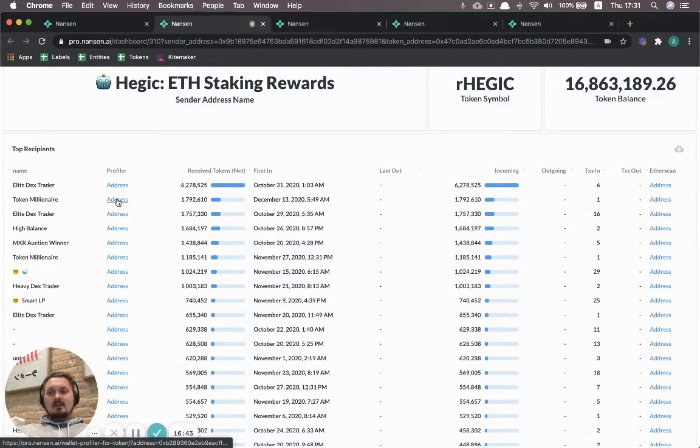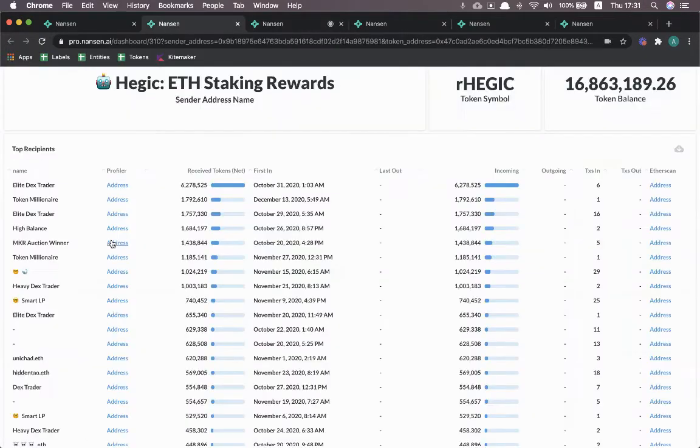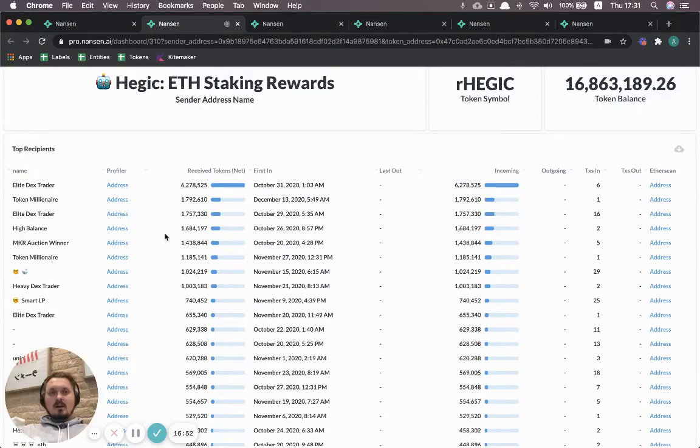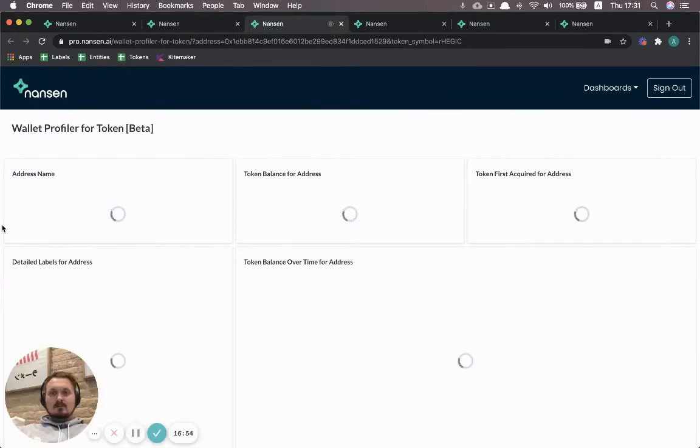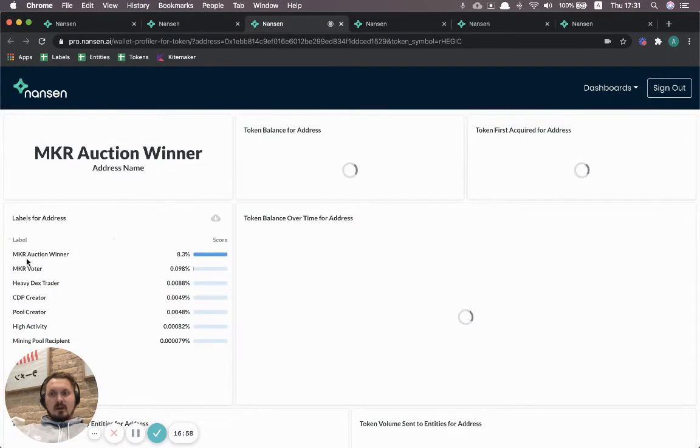But what about the other ones? We can look at a couple of these. So let's look at the auction winner. What are they doing with their farmed rHEGIC tokens? This, by the way, is a maker auction winner. It's also a maker voter.